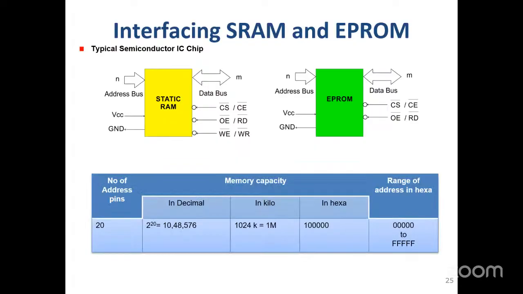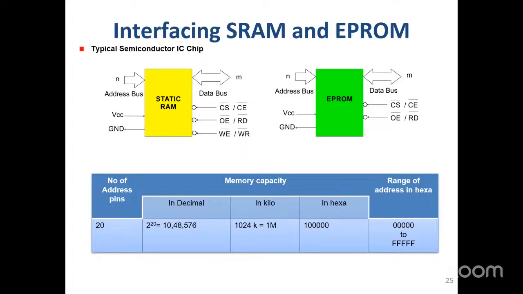Next, the number of address lines is 20, that is A0 to A19. You have already seen the address lines of the 8086 microprocessor. Using the 20 address lines, the number of different locations is 2 to the power 20.